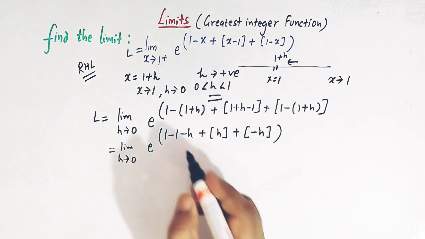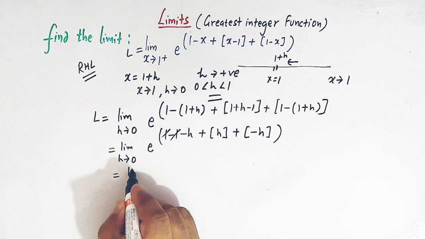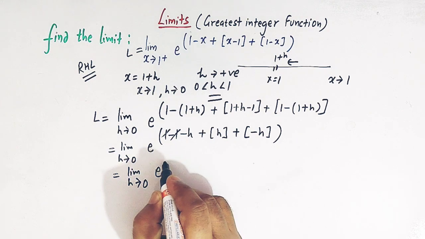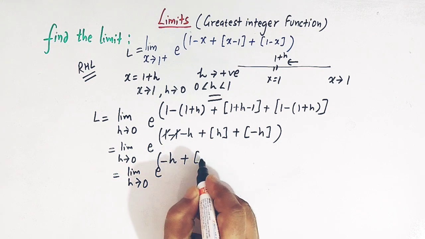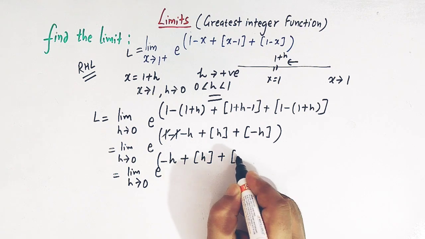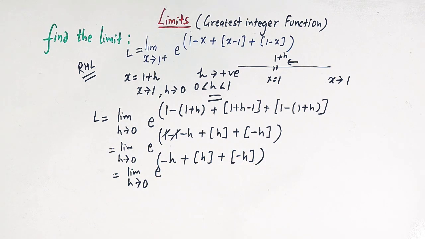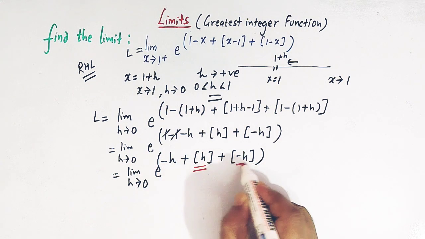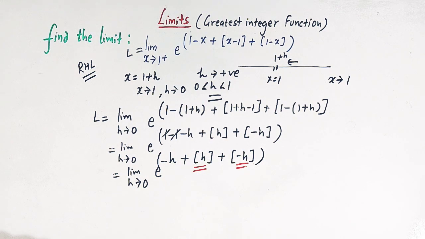Okay, so now this one and this one get cancelled, so we are left with limit h tends to 0, and we have e raised to minus h plus greatest integer of h plus greatest integer of minus h. So now see, here we have two terms involving the greatest integer function.